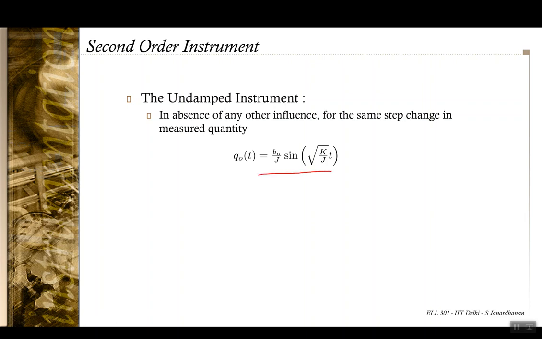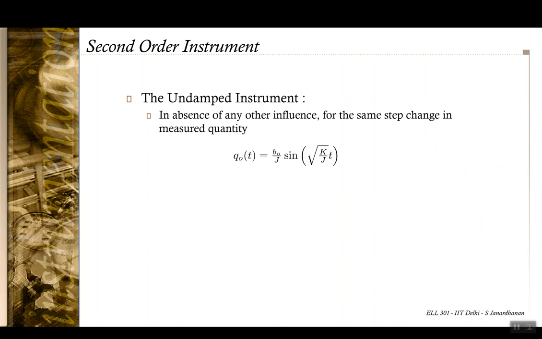For a step change in input, the output is an oscillatory signal. It keeps on oscillating, and what we are interested in is getting a reading. If you have an indicating instrument with a pointer that keeps on oscillating, then it's of no use.